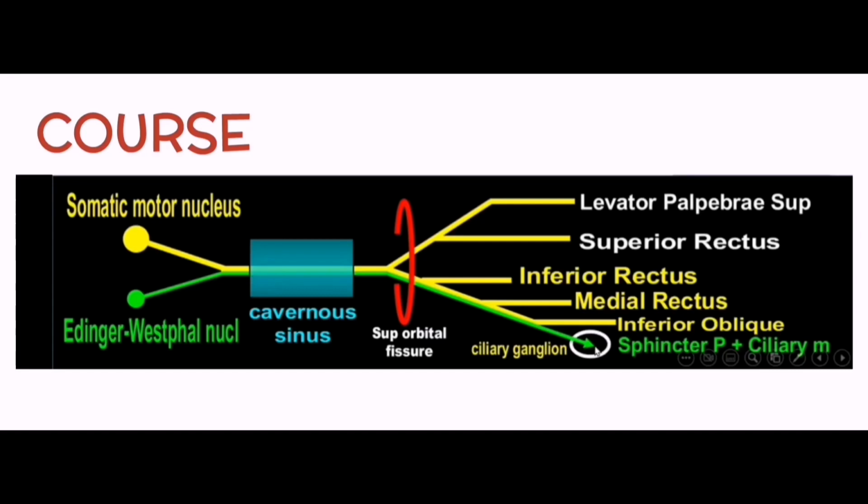The superior will supply the levator palpebrae superioris and the superior rectus, and the inferior division will supply the inferior rectus, medial rectus, inferior oblique, and the sphincter pupillae plus ciliary muscle. The green arrow represents the parasympathetic supply to the sphincter pupillae and the ciliary muscle, and these fibers also pass through the ciliary ganglion. So that was all about the supply of the oculomotor nerve.